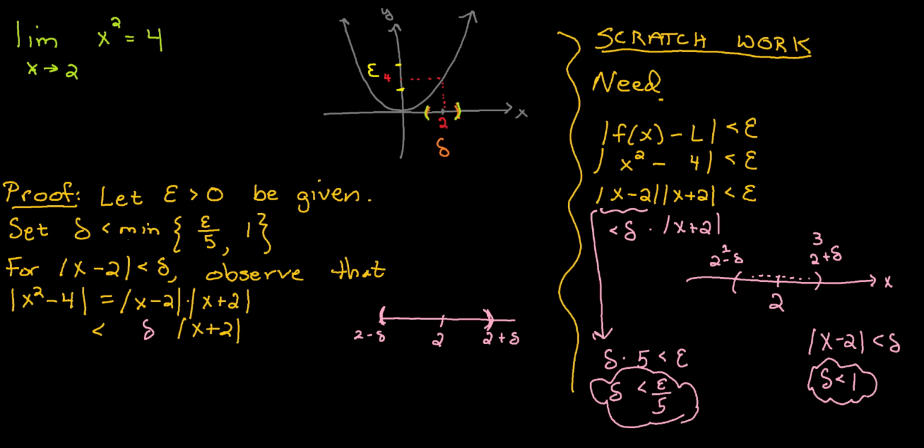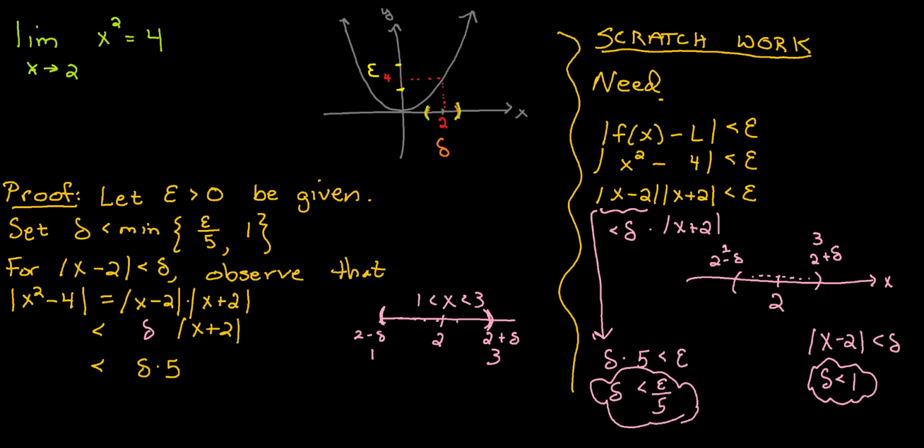So the biggest that this right-hand endpoint could be would be 3, and the smallest that this side could be is 1. So x lies somewhere in the open interval between 1 and 3. In other words, this quantity, absolute value of x plus 2, the worst that it's going to be is 5. It's certainly less than 5. So this is less than delta times 5.